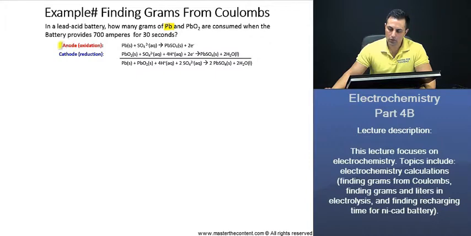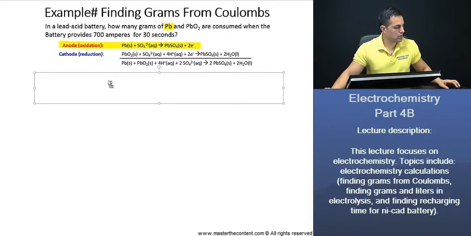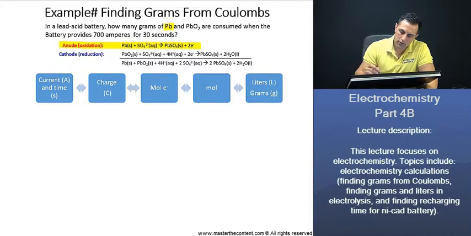All right. We will be taking a look at this reaction here. How are we going to do that? Well, we can just use our conversion map that we talked about. We're looking for grams, and we have 700 amperes for 30 seconds. That tells us that's going to be 1 conversion, 2 conversions, 3 conversions, 4 conversions.